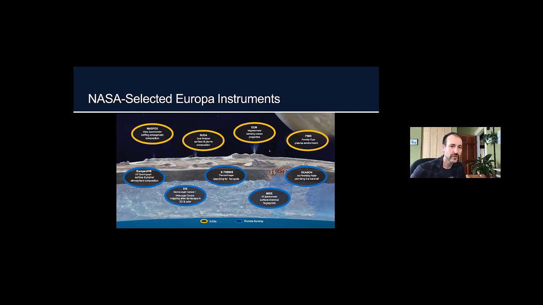The in situ suite consists of a mass spectrometer to intercept particles in Europa's atmosphere, the volatile gaseous particles. And as a complement to that, the Europa Clipper also has a dust analyzer, the SUDA instrument, that can look at solid particles, perhaps from plumes, but also particles ejected from Europa's surface by micrometeorite impacts, so-called sputtering.